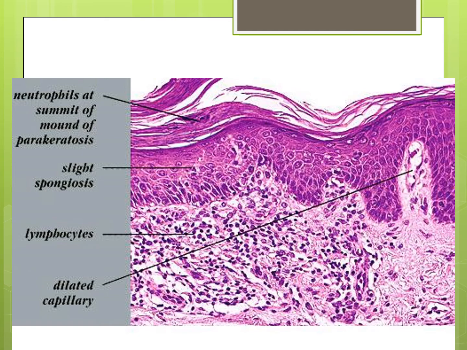So this is the microscopic slide of psoriasis. Stratum granulosum, that is thinned. So the topmost layer, the stratum granulosum, is being thinned out, and this is an important feature.